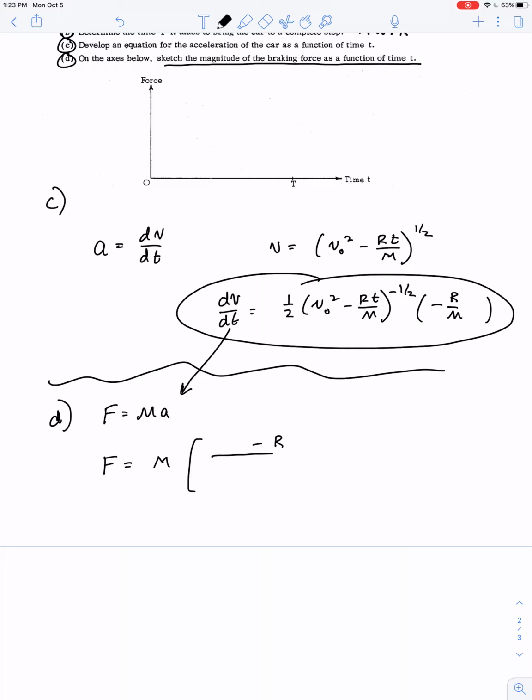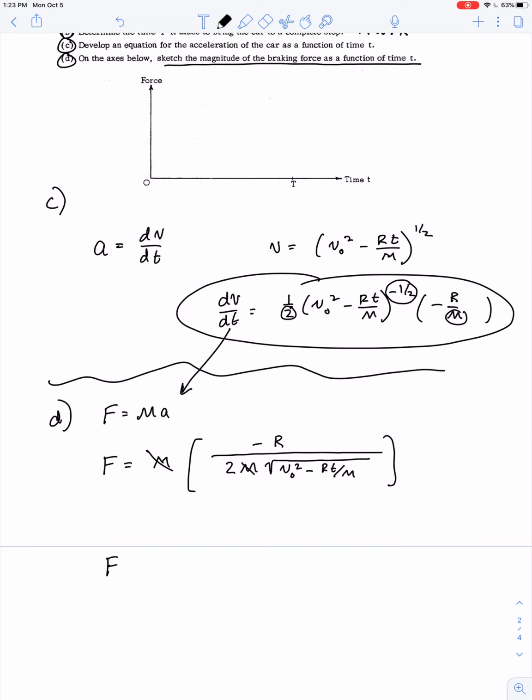negative r divided by, let's see, we got a 2, an m, and then since this is to the negative 1/2 power, can't we write it like this? 2m times the square root of v naught squared minus rt over m. There we go. Oh, and then the m cancels out.